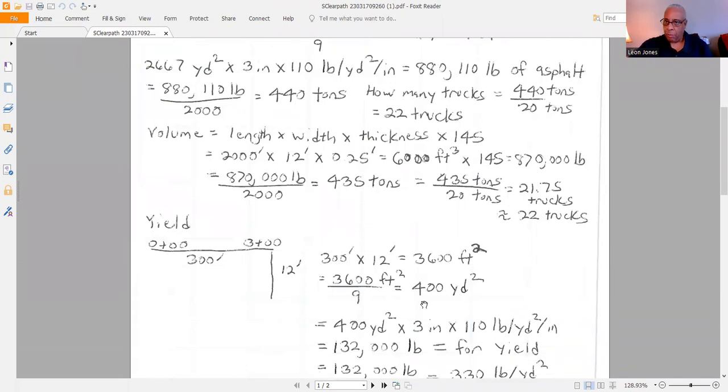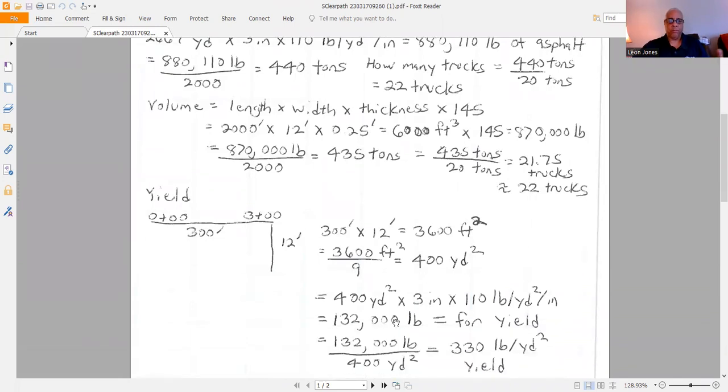Now, something else that's important is the yield. Now, what is yield? Yield is going to come down to pounds per square yard. Now, that yield is significant because the contractor could be placing the asphalt too thin or too thick.